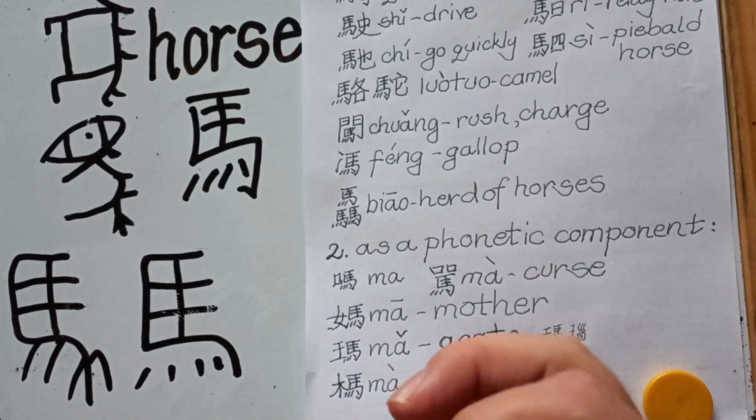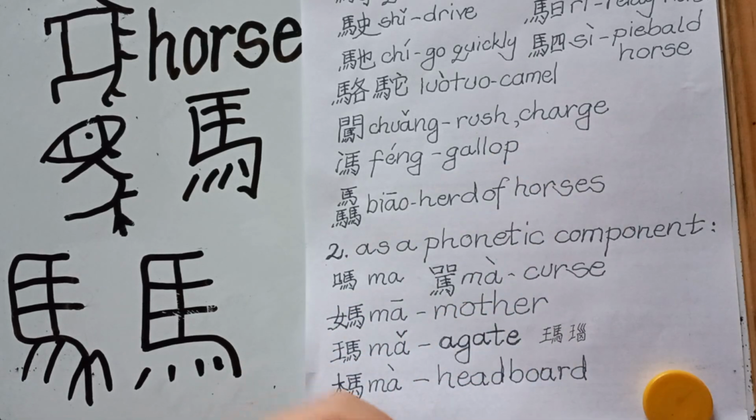Now, if two mouths fight with each other, we get the complex word ma, where two people use swear words when addressing each other, or they curse each other.